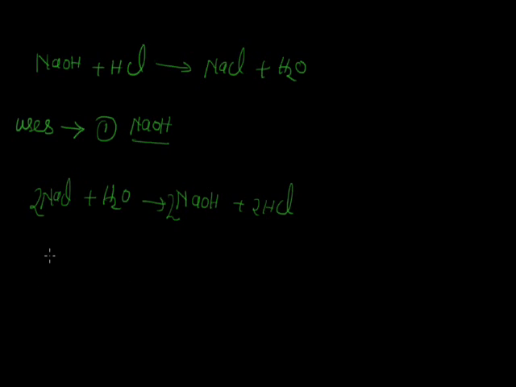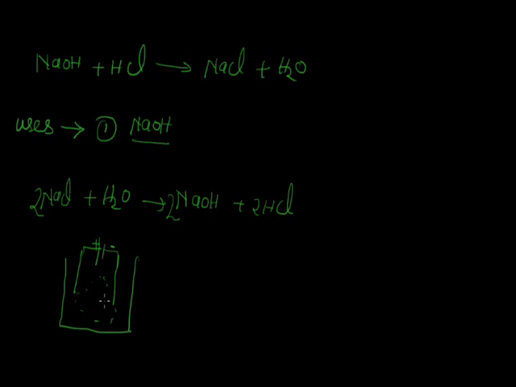Here we have taken a cell. In this cell, two rods which act as electrodes are connected. This one is the positive terminal, this one is the negative terminal.